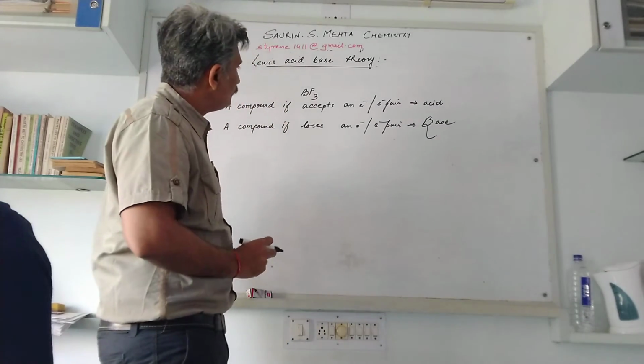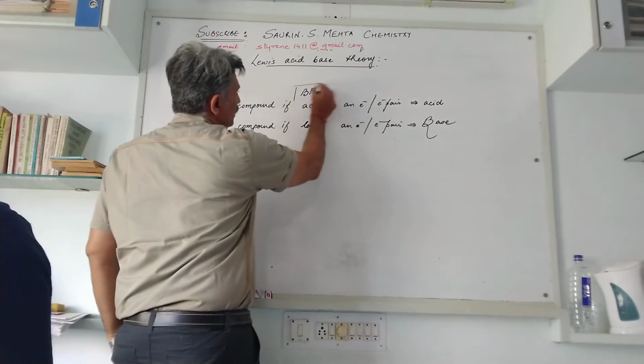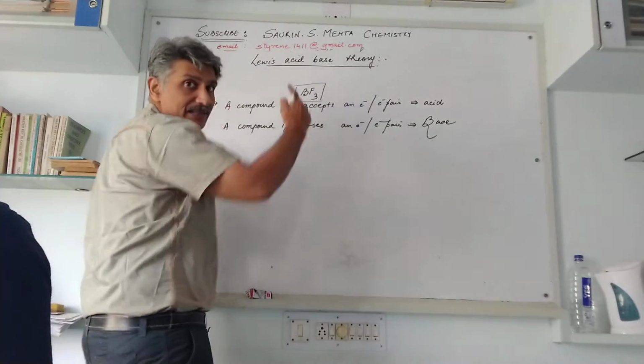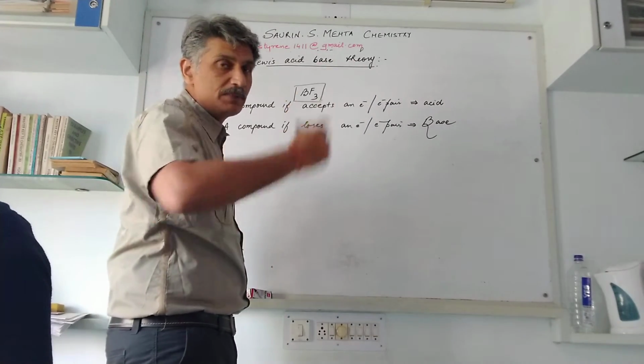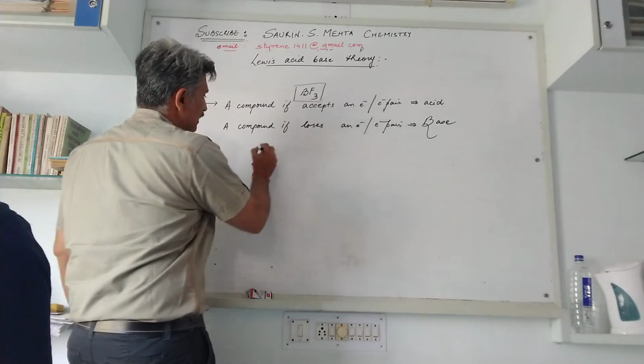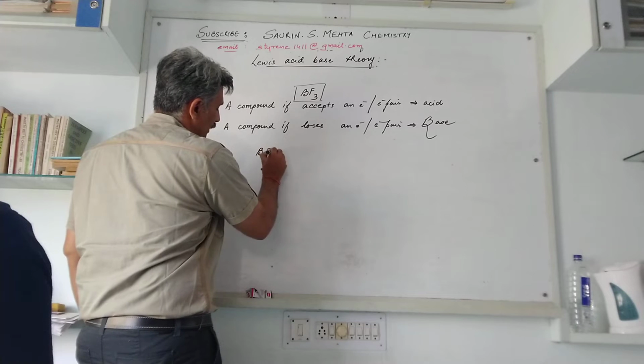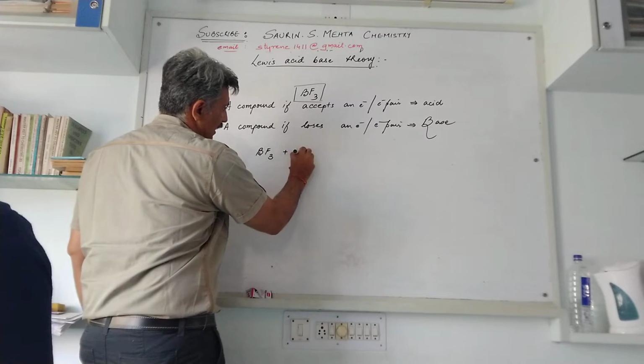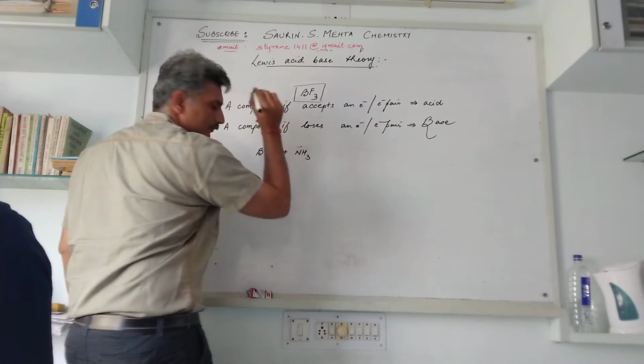Now, I talked about the limitation of Lowry-Bronsted, and there I had considered BF3 in the previous episode. We'll just proceed with the same thing. I am taking BF3 and reacting it with, let us say, NH3, that is ammonia.